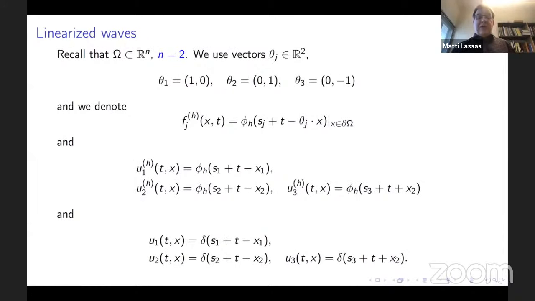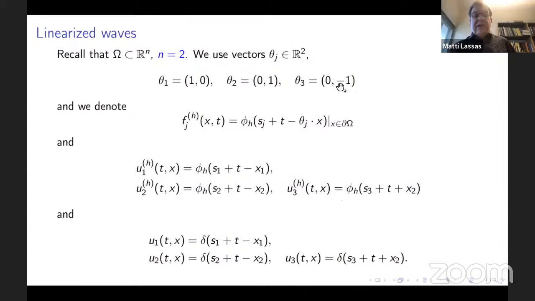Actually, I have some pictures, but I choose these vectors, theta_j's, so that I can make computations easily. I take first this theta_1, which is the unit vector in the x direction, then the unit vector in the y direction, and then the unit vector in the minus y direction. I recall that we use this type of boundary values, and those produce for us these three plane waves.